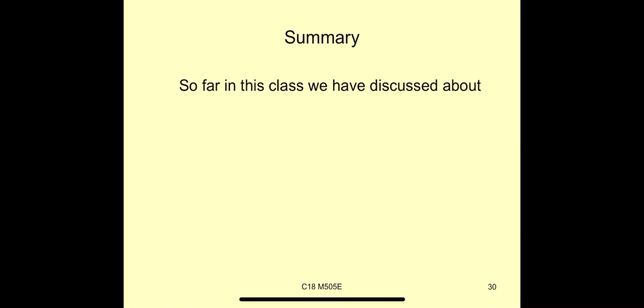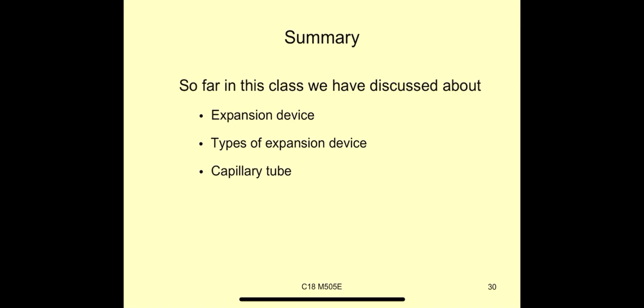In this class we discussed the expansion devices, types of expansion devices, and capillary tubes, merits and demerits of capillary tubes. Capillary tubes are nowadays used in domestic purposes like refrigerators and freezers, limited to up to 1 ton only.